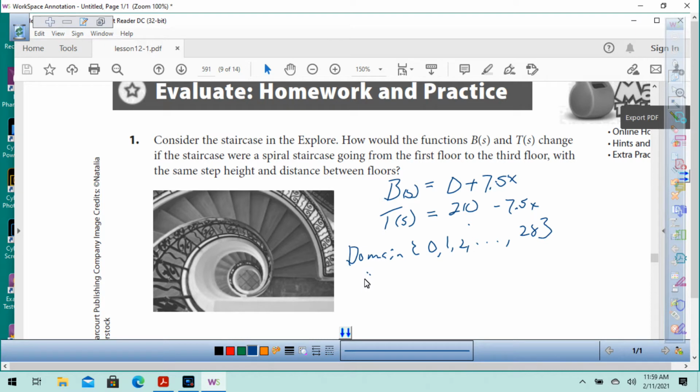The range would change as well, and it would be 0, 7.5, 15, and so on to 210 instead of 105. So that would be the changes.